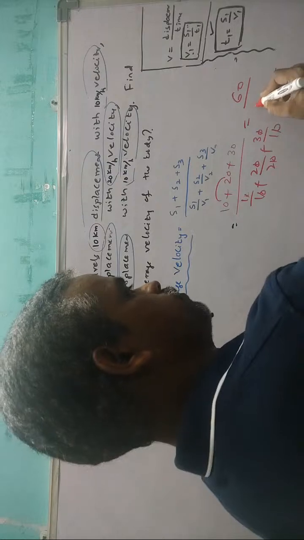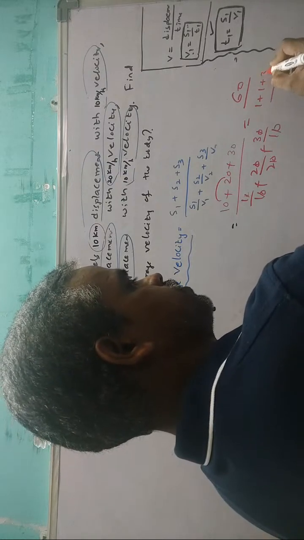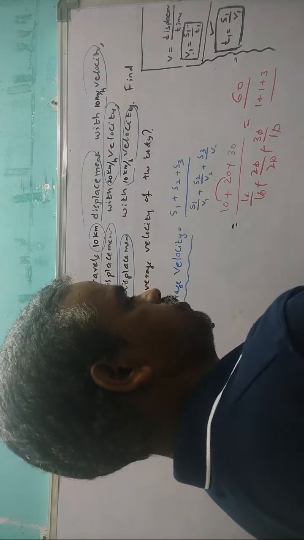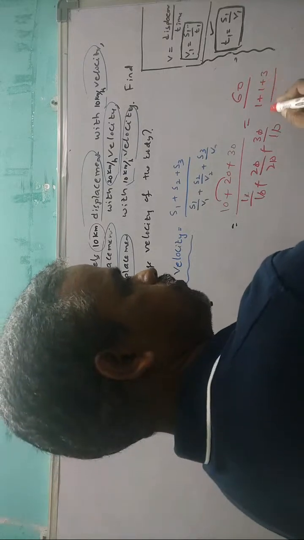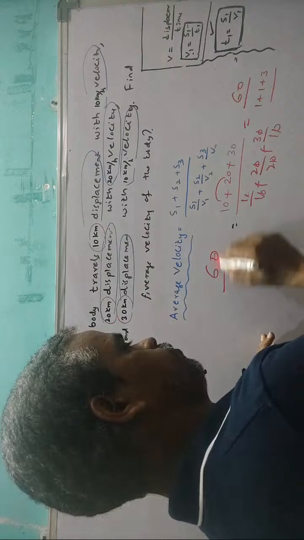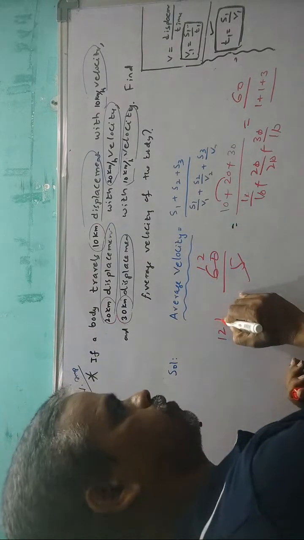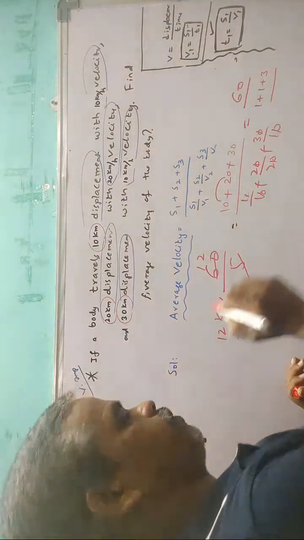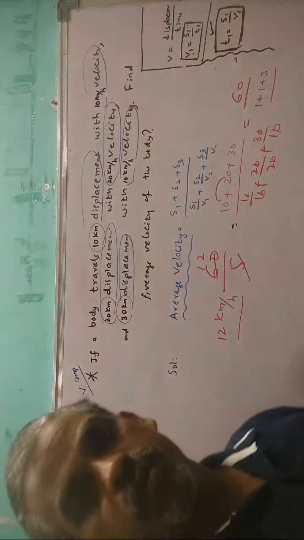How much will you get? 1 plus 1 plus 3, which is 5. That is equal to 60 by 5, which is 12. 12 kilometer per hour.